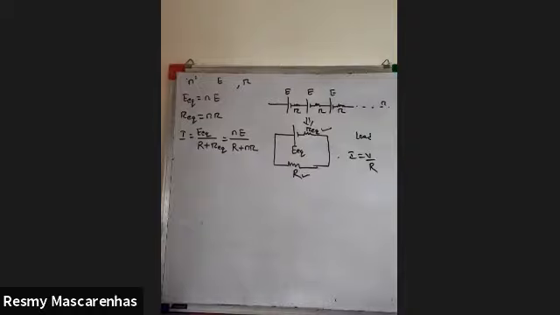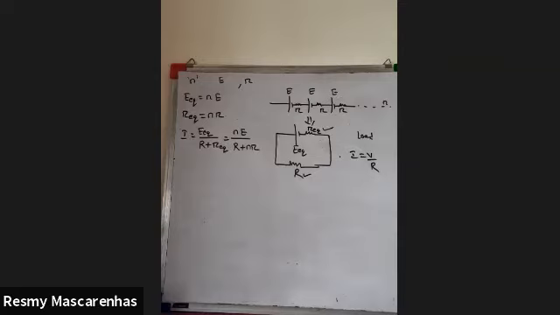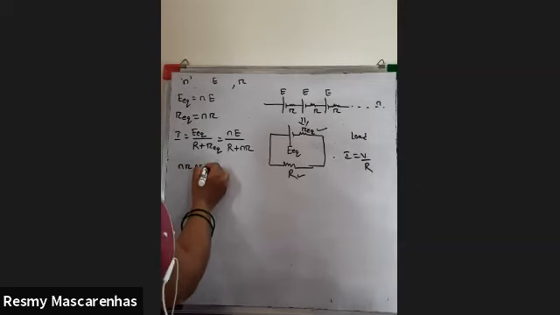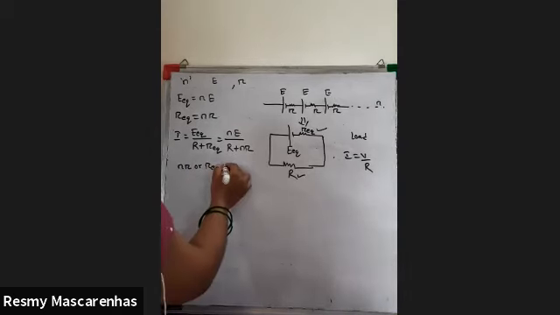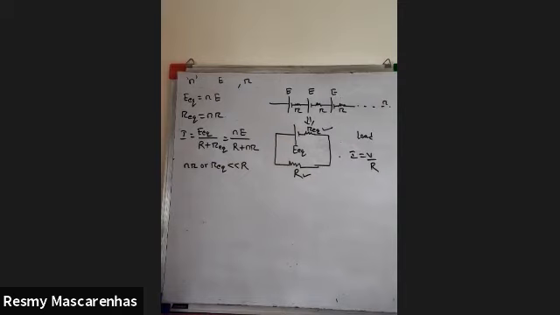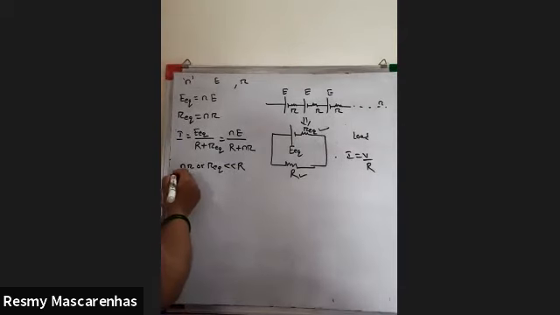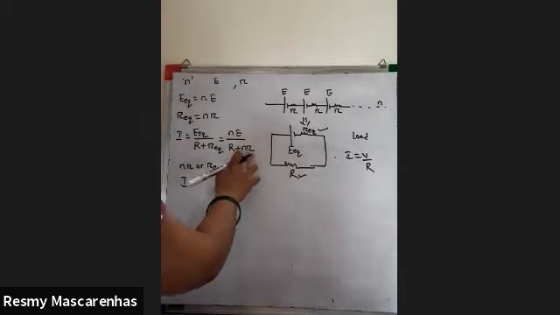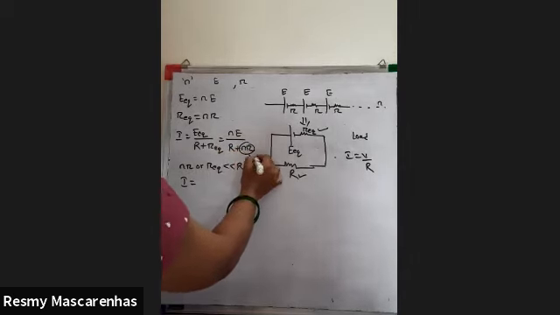Write down. If NR, that is equivalent resistance, R equivalent, is very less than external resistance R, then I will be equal to... if this one is very less than this one, then this term we can ignore.